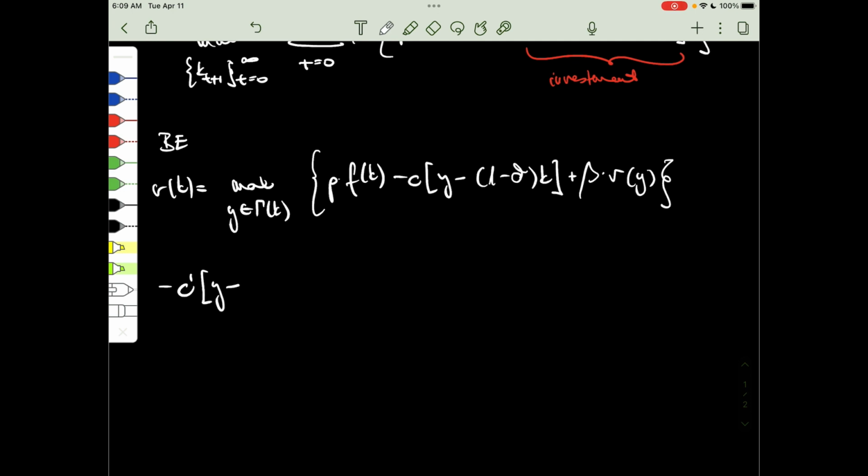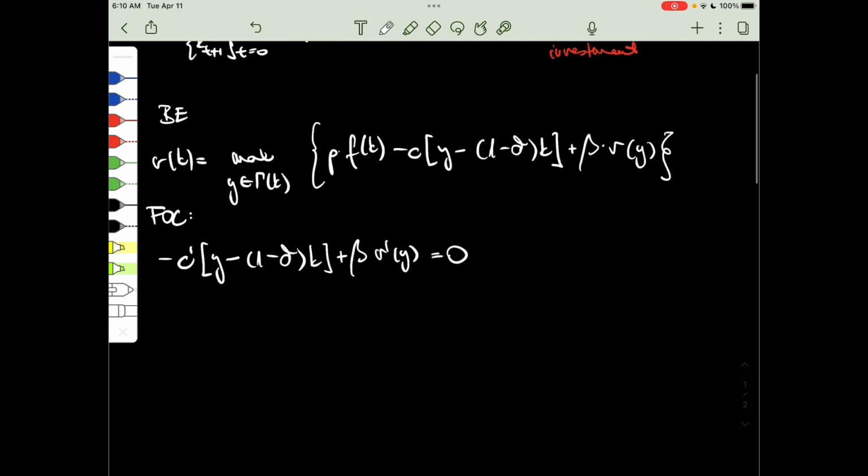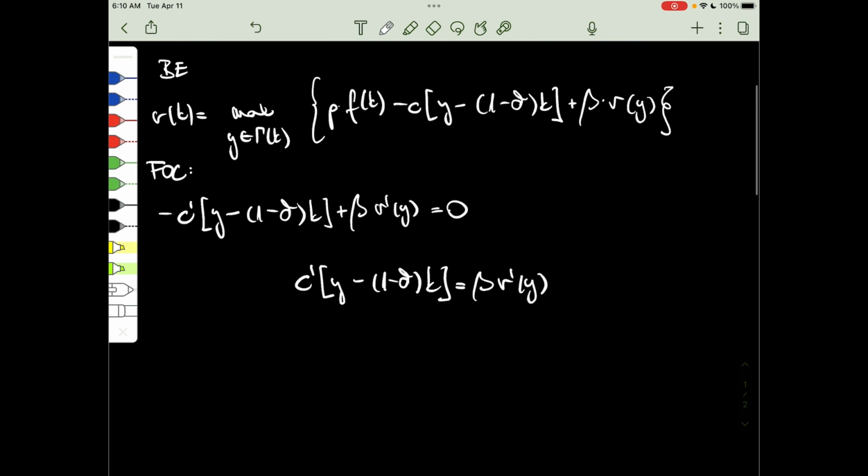We differentiate the Bellman equation with respect to y to get to the first order condition, which is equal to 0, and on this basis C prime equals V prime.